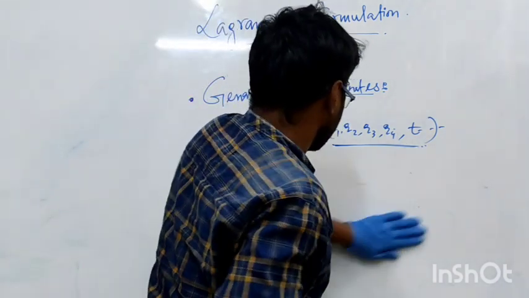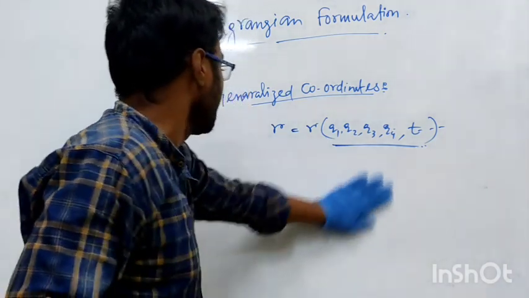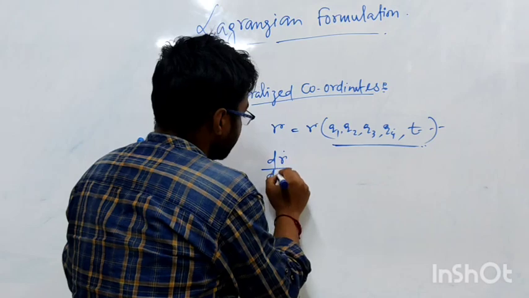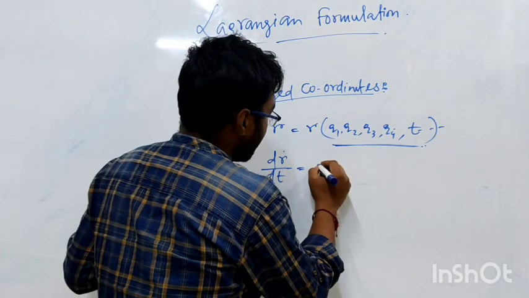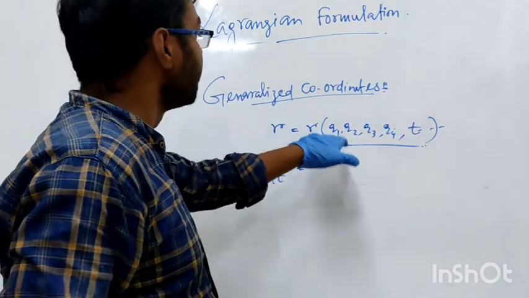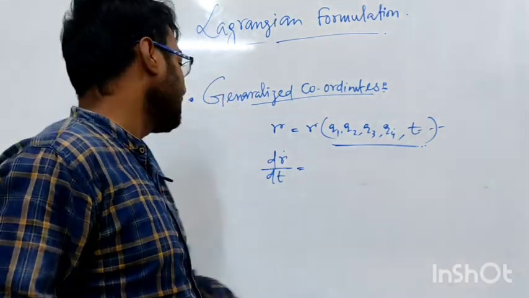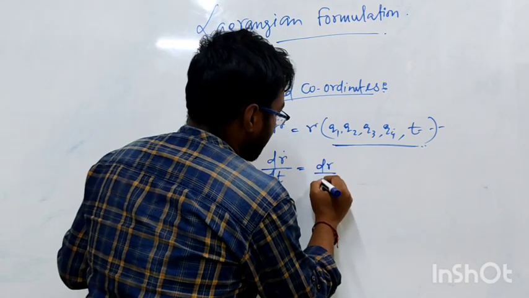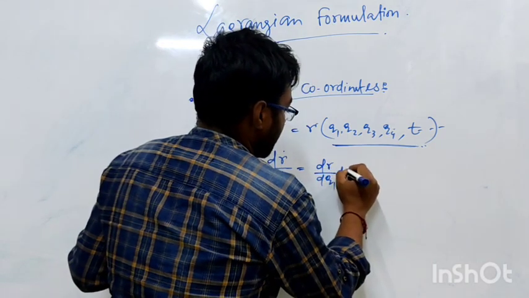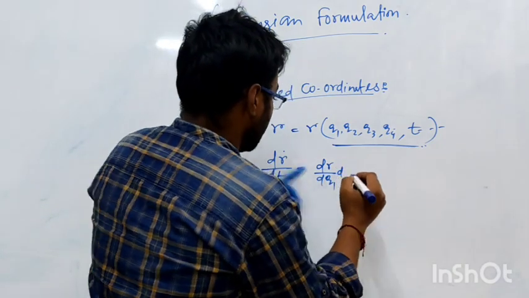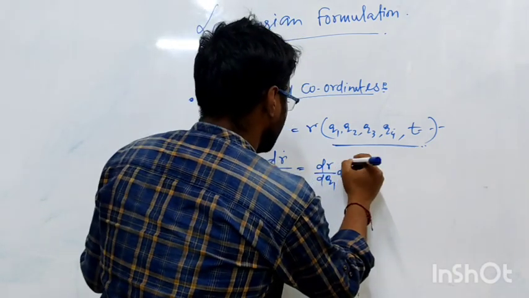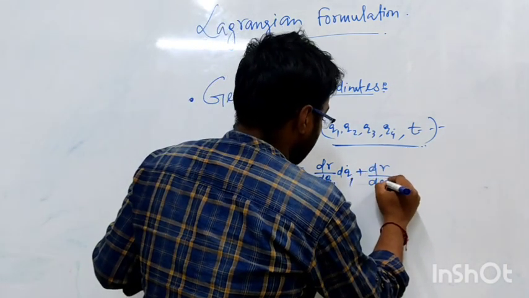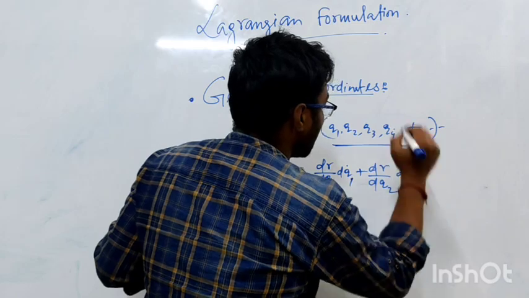Now if we differentiate it with respect to time, what will be the result? Del r del t is equal to, so r depends on a lot of coordinates q1, q2, q3, up to qn, so we can say del r del q1 into q1 dot plus del r del q2 into q2 dot.